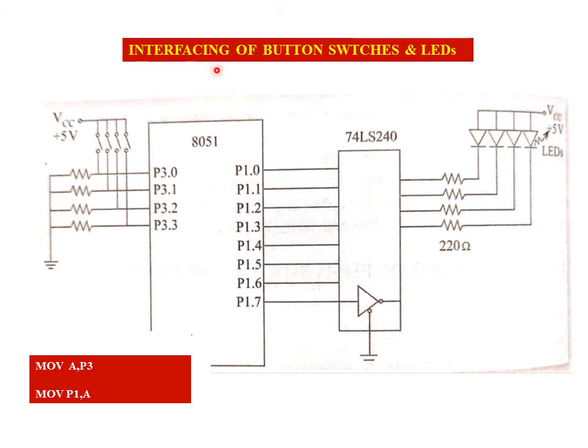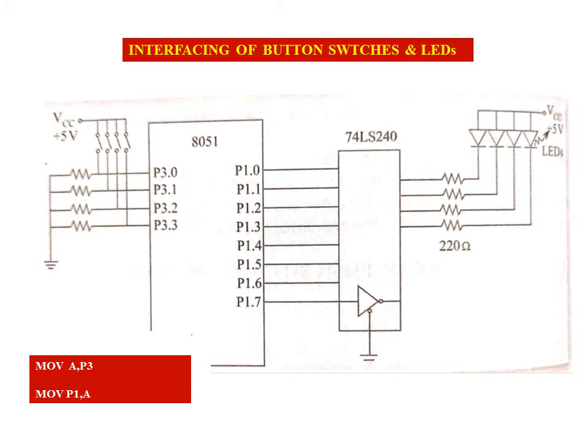Next simple concept, interfacing of switches and LEDs with the 8051 microcontroller. We already know how the 8086 microprocessor interacts with switches and LEDs from the previous unit. Same like that, here we will see how the 8051 microcontroller interacts with them.